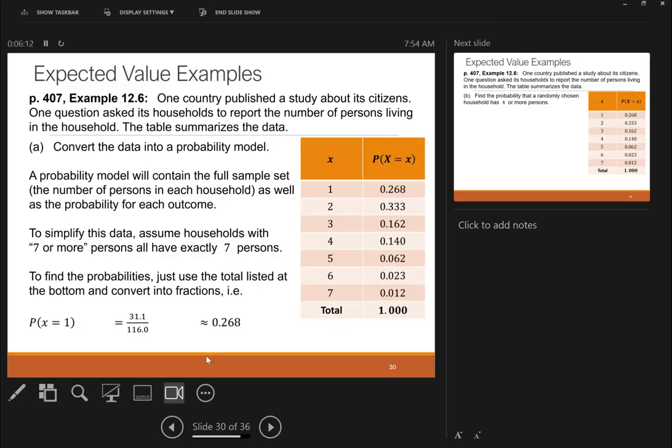Pretty easy, right? This should remind you of something we did in first semester. Basically, we just created a relative frequency table. We took a frequency chart and turned it into a relative frequency chart by converting the counts into percentages. See how this all kind of wraps back on top of itself?